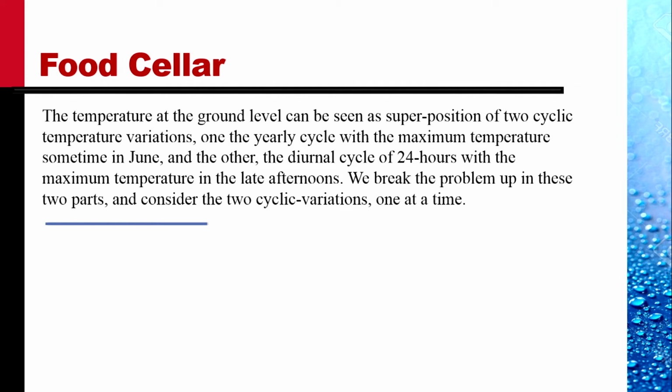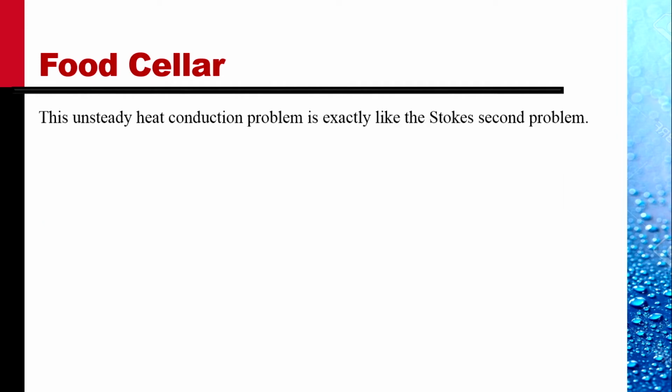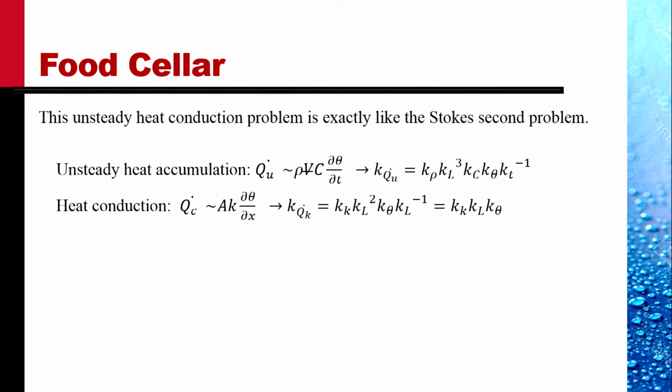We break the problem into these two parts and consider the two cyclic variations one at a time. The unsteady heat conduction problem is exactly like Stokes' second problem. But here, instead of forces, we work with the heat currents.